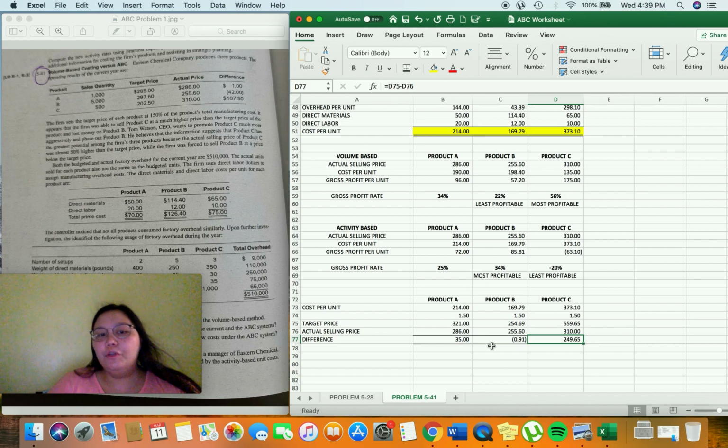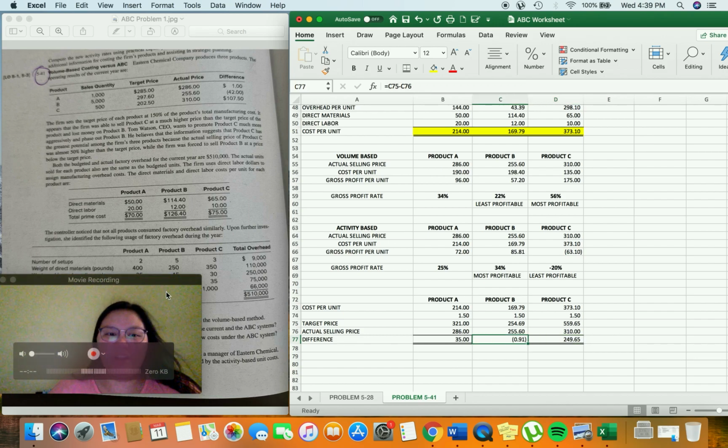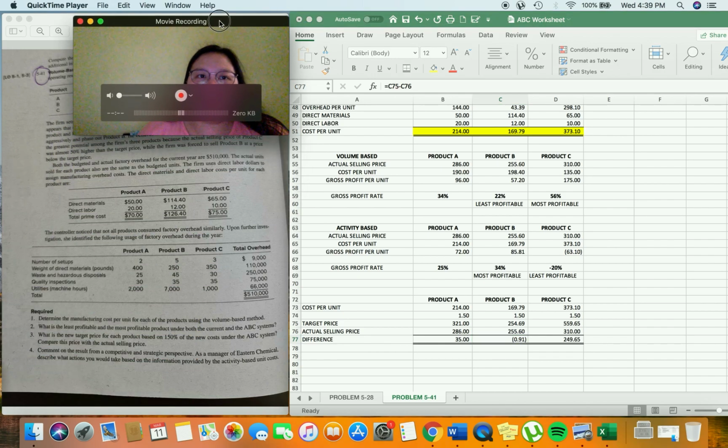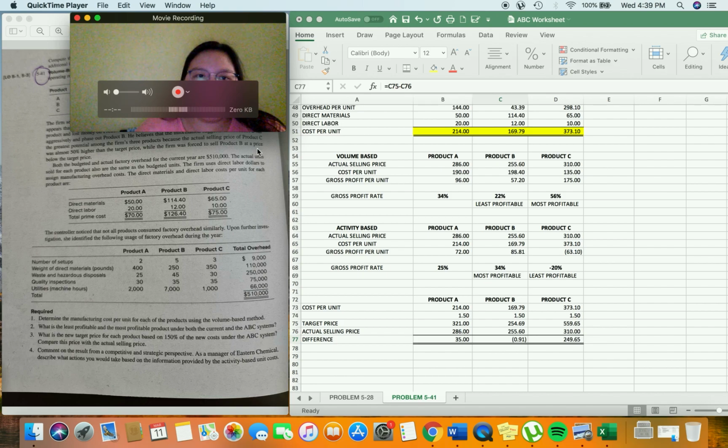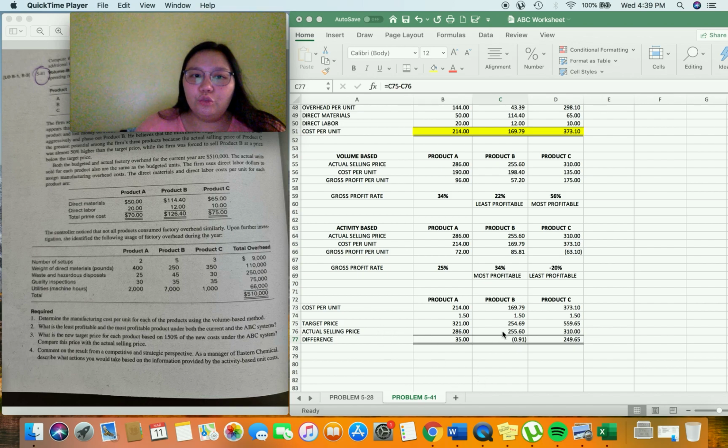Yung medyo sakto lang, yung target price niya sa actual selling price is only product B. So, under activity-based costing, it will not be good for the company to close or to discontinue producing product B, kasi siya nga lang yung nami-meet yung target profit for each product out of the 3 products that we manufacture.